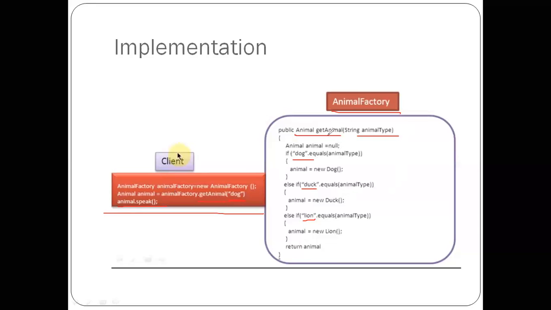Here we create multiple objects, and these created objects are not visible to the client. The client may access this information through this interface itself, getting the data based on the animal type input passed. Right, this is the factory pattern.